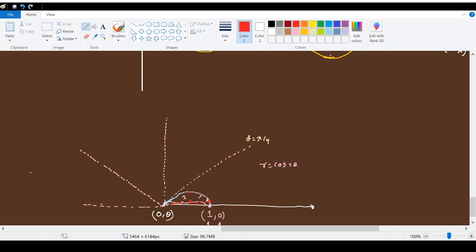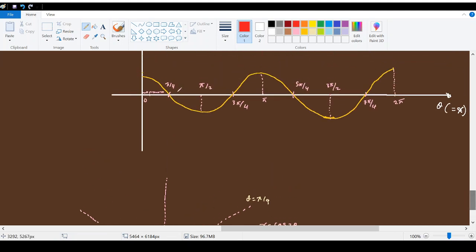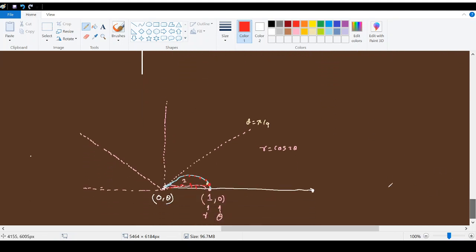So the theta value will increase, but the radius will decrease. So this portion in the Cartesian system is represented by this portion in the polar system.